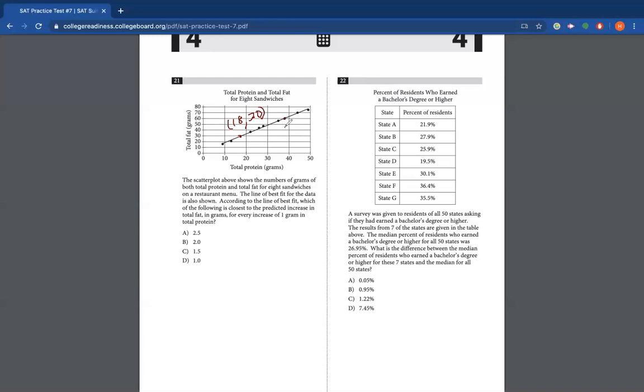And let's call this 38 comma 60. Using our slope formula, we do 60 minus 30 is 30, all divided by 38 minus 18 is 20. So 3 over 2 equals 1.5. Okay, so that's going to be C. You got that? Yeah, okay.